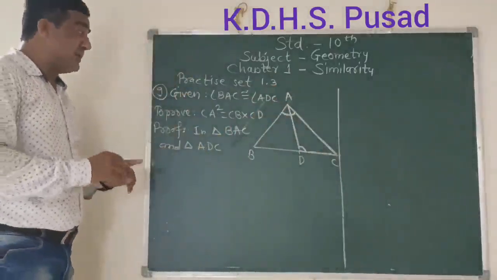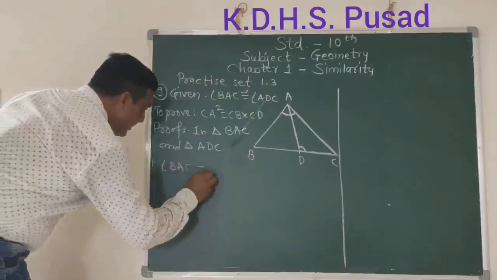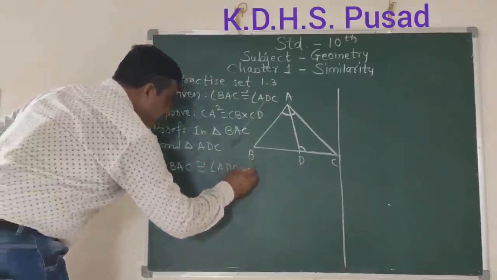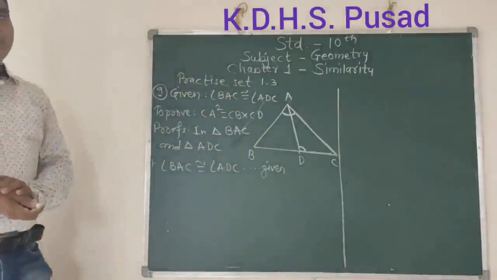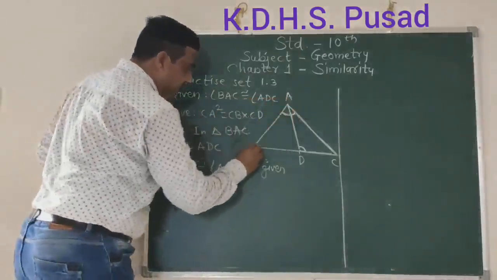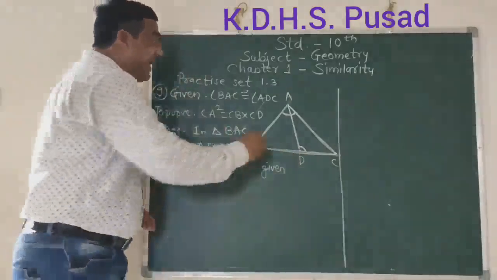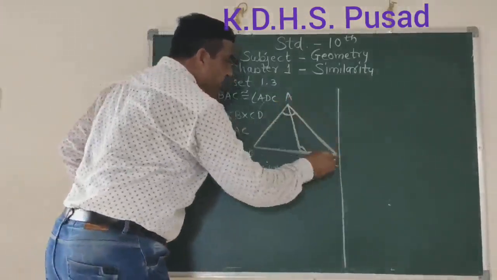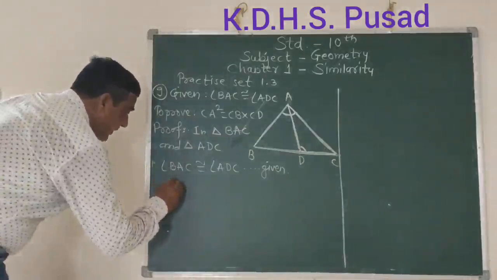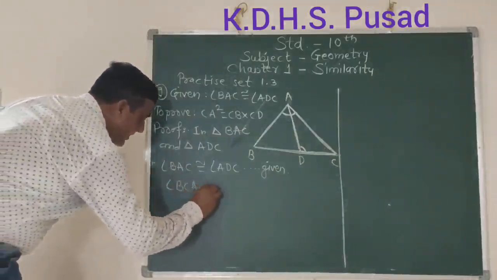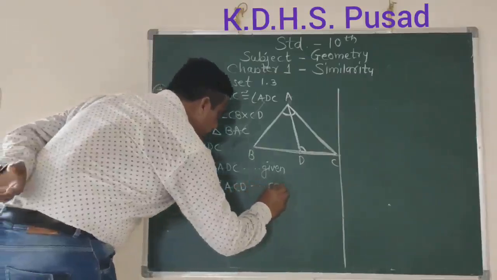So make a list of congruent parts. One part is already given to you: angle BAC congruent to angle ABC. Now we want a second part. Check this larger triangle BAC and the second triangle ADC. In both triangles, this angle C is common. So here angle BCA congruent to angle ACD, that is a common angle.